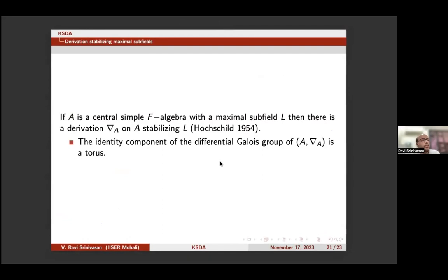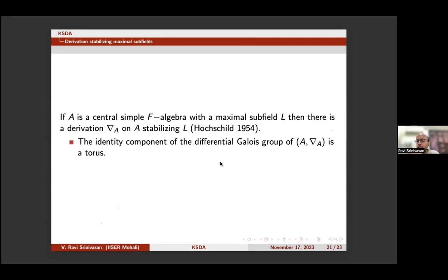For example, if I take y' = Py, where this differential equation's Galois group is, for example, unipotent, and I look at the matrix ring over the base field and put this derivation, that is, the coordinate-wise derivation plus the inner derivation by this matrix P, which gives you this unipotent group, then this derivation will not stabilize any maximal subfield.